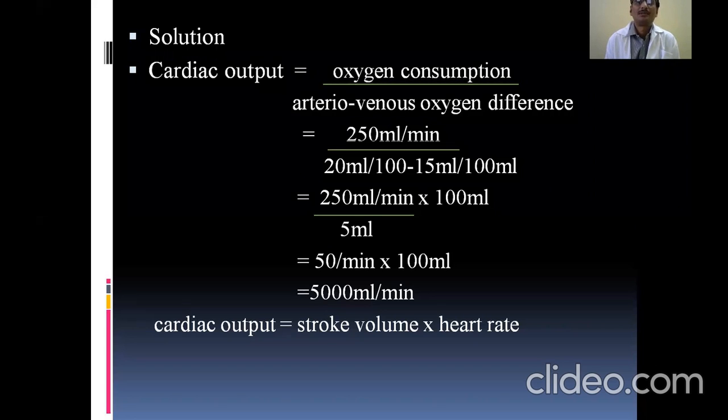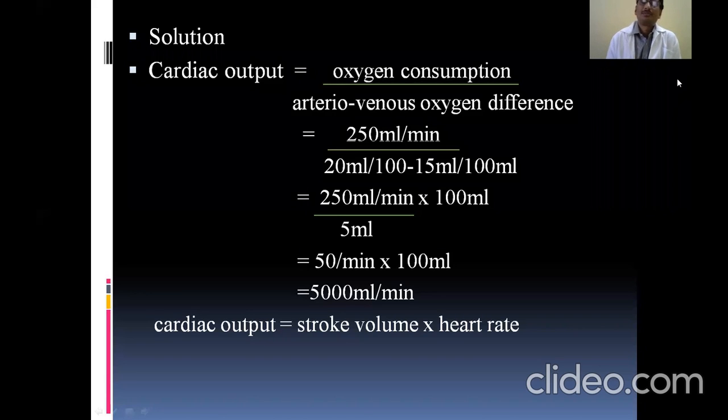So the difference becomes 5 ml per 100 ml. This 100 ml will go upward. So 250 divided by 5 becomes 50, into 100. The value comes to 5000 ml per minute. That's how we have calculated the cardiac output.